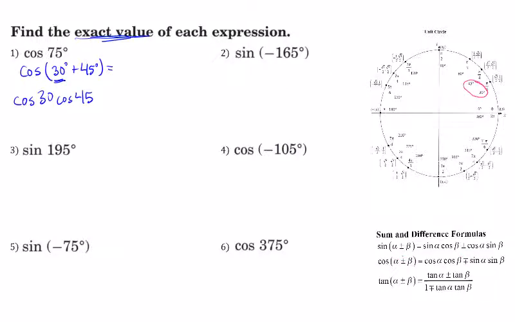So it's going to be minus sine 30 sine 45. That's how we set it up. Now we plug in the exact value for each of these. So cosine of 30, remember cosine is x. So here at 30, cosine is root 3 over 2.